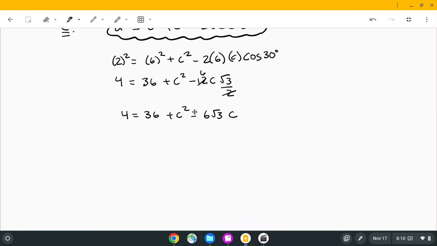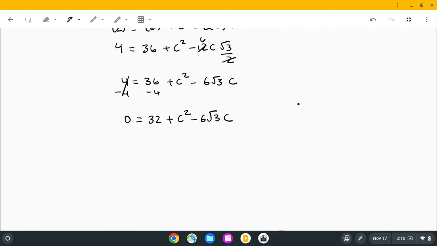So we have a quadratic here. Let's set it equal to 0, subtract 4 on both sides. We set quadratics equal to 0. We get 32 plus c squared minus 6 square root 3 c. I am going to go ahead and write this in descending order.